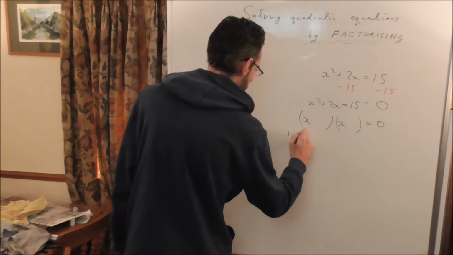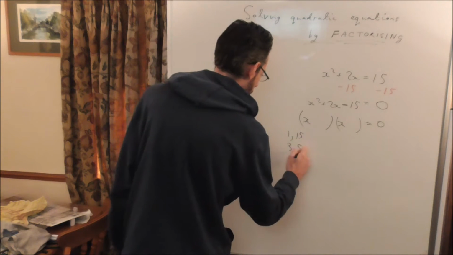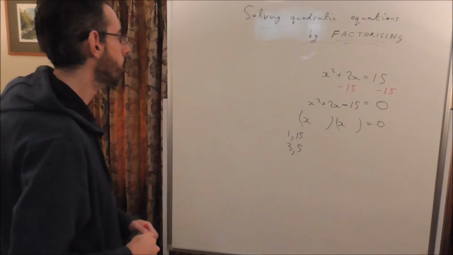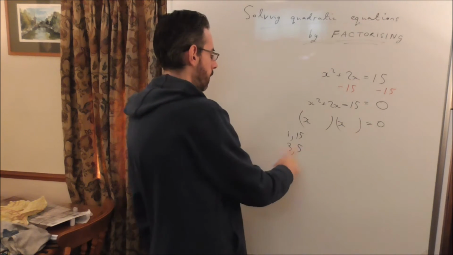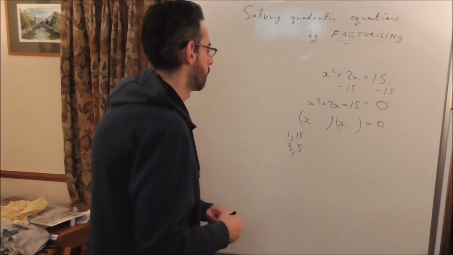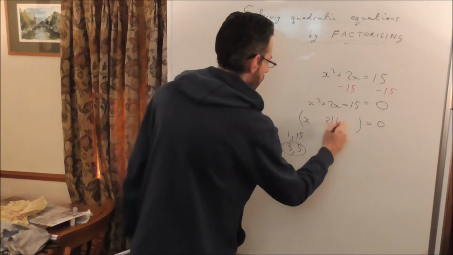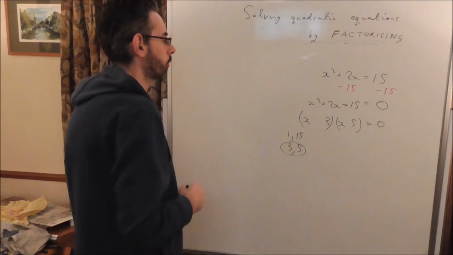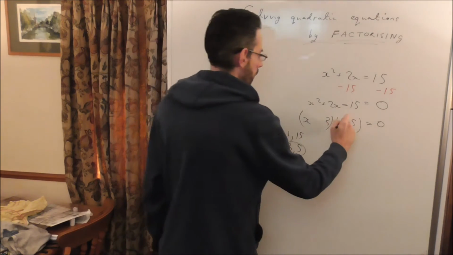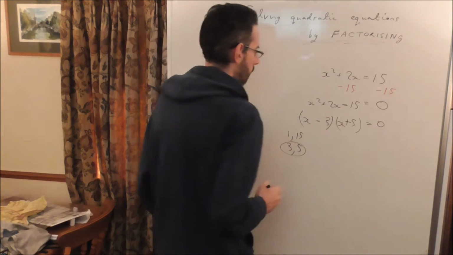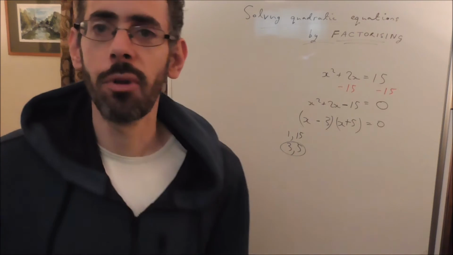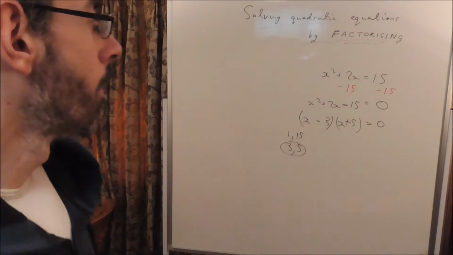Two numbers with a product of 15, so 1 and 15, or 3 and 5. And because they're going to have different signs, we're looking for a pair with a difference of 2. So it's going to be 3 and 5. We want to get plus 2x overall when we expand the brackets, so we need the bigger number to be positive and the smaller number to be negative. So like that. We've factorised the expression.